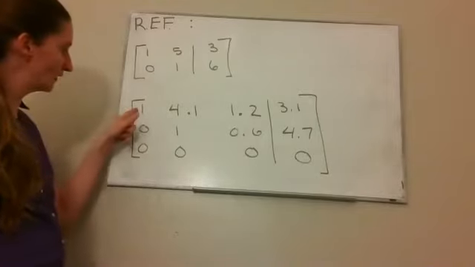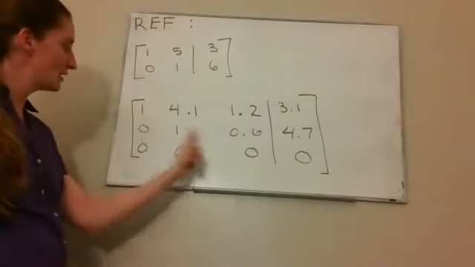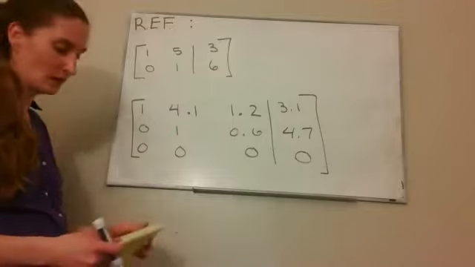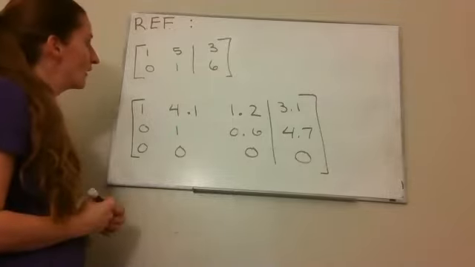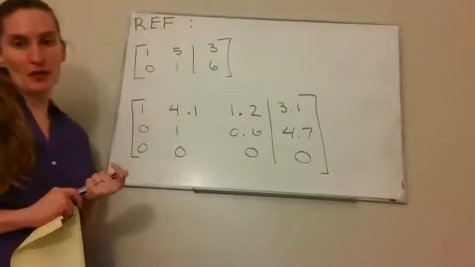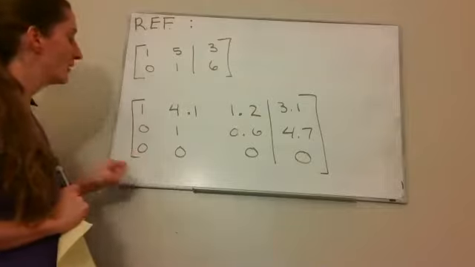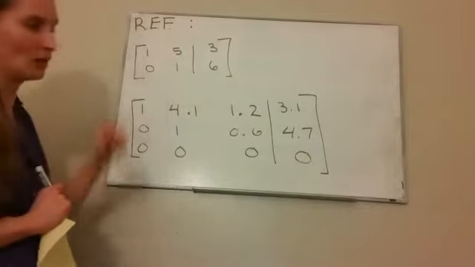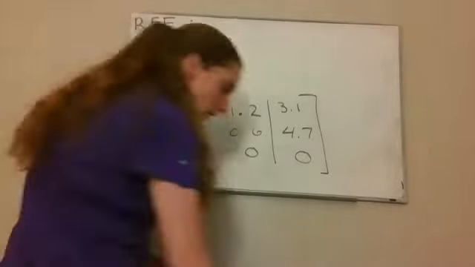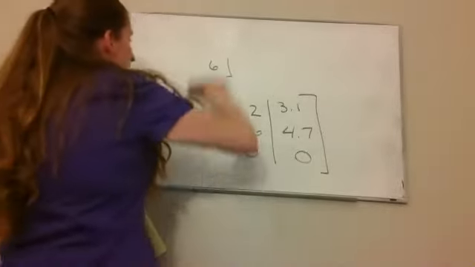My first non-zero entry of each row is a 1, and they're moving to the right as I go down my matrix. So those are both in row echelon form, but they're not in reduced row echelon form. If they were in reduced row echelon form, then I would have to have zeros above all of my leading 1s.